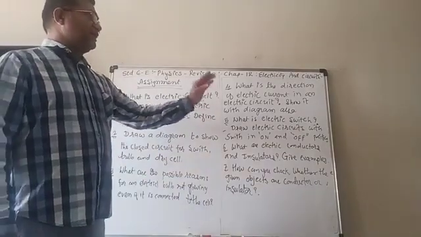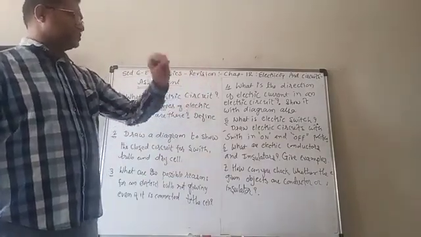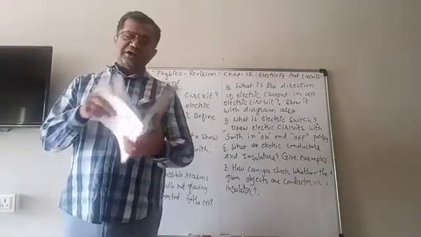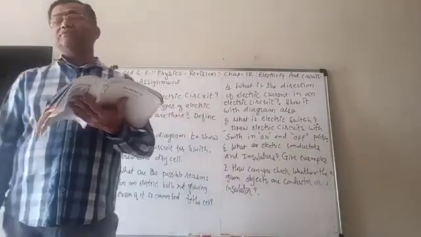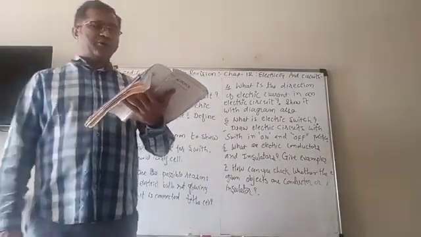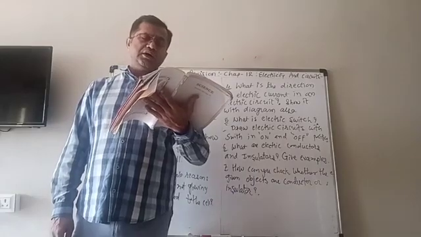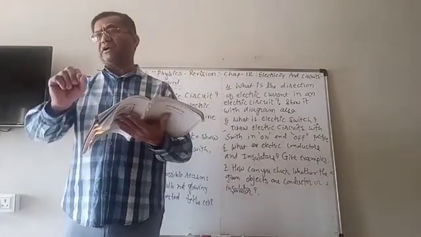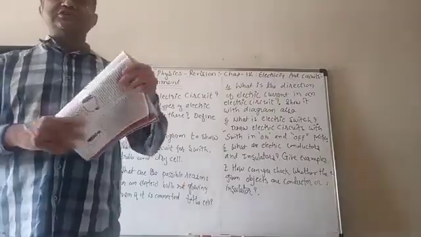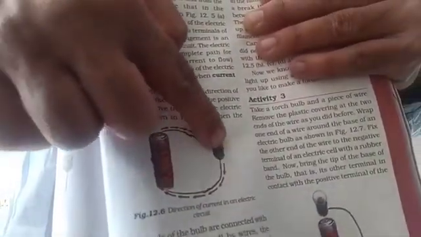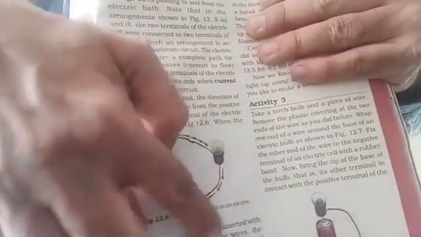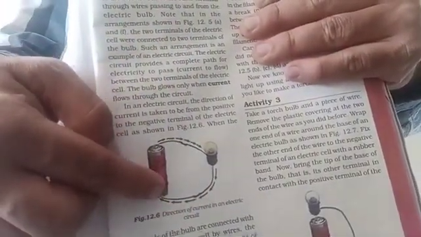What is the direction of electric current in an electric circuit? Generally, the direction of the electric current is taken from the positive terminal to the negative terminal, meaning the current comes out of the positive terminal as shown in the figure here. You can see that the current is coming out of the positive terminal, the direction is given by the arrows, then passing through the bulb and wire and then coming back to the negative terminal.